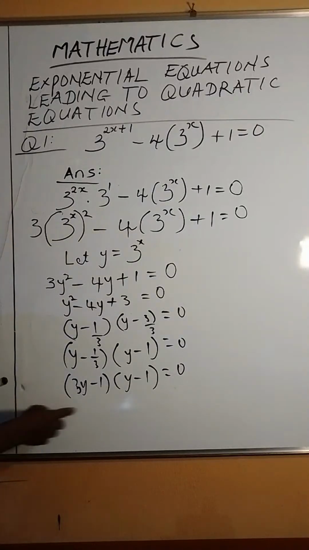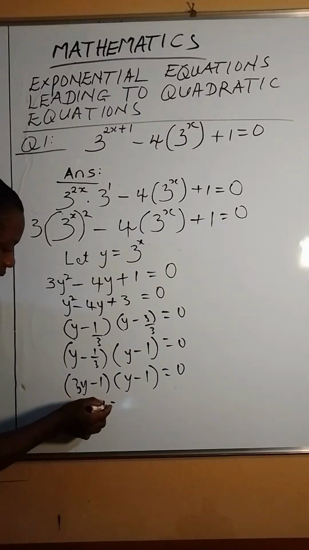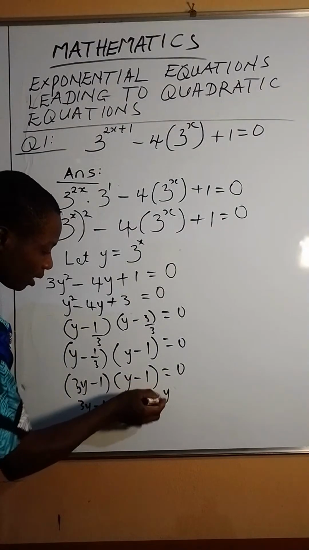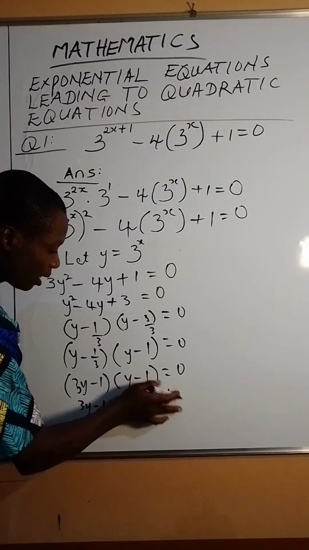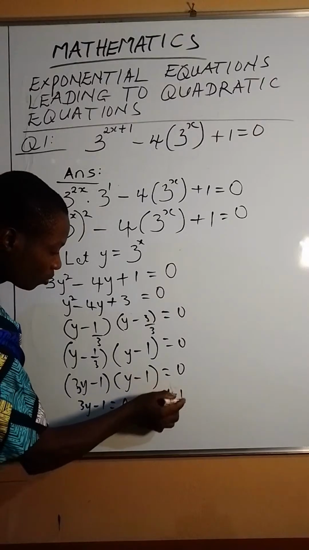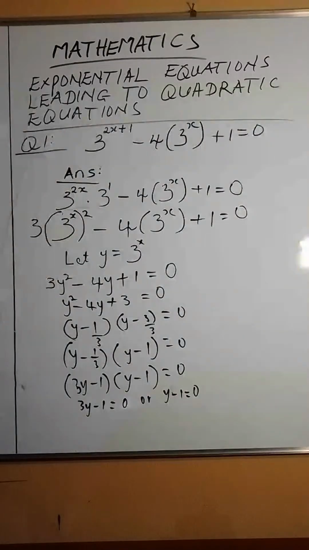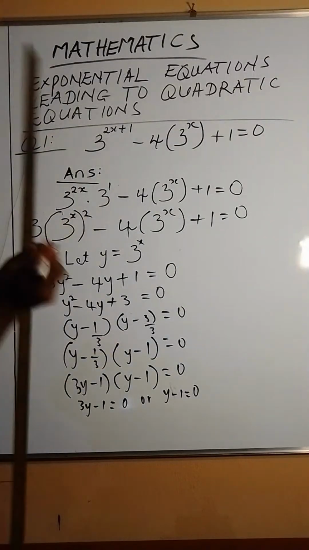Okay, so in this case now, we have 3y minus 1 equal to 0, or we have y minus 1 equal to 0. All right, so this is what we have here. We can go ahead and solve.